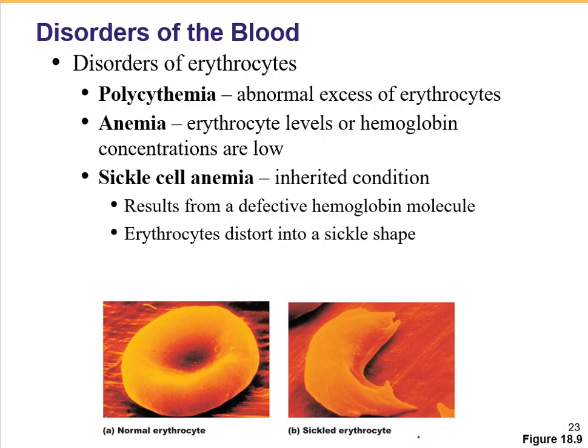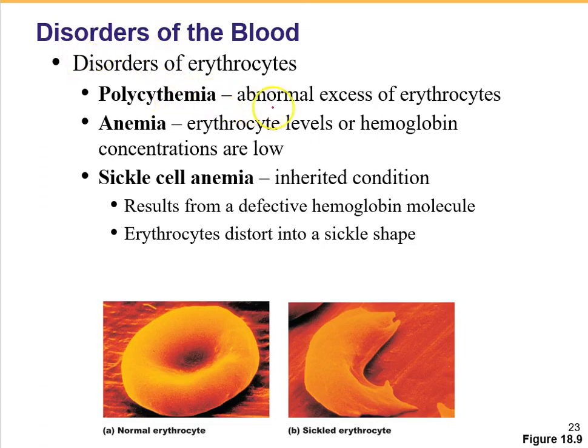At the end, we are going to talk about some of the disorders of the blood. Disorders related to the erythrocyte, we can talk about polycythemia, anemia, and sickle cell anemia. Polycythemia is a condition characterized by an abnormal excess of erythrocytes or red blood cells in the blood. This condition results from a cancer of the bone marrow that produces too many red blood cells, or because of an external factor such as dehydration or lung disease, which can stimulate the overproduction of red blood cells.